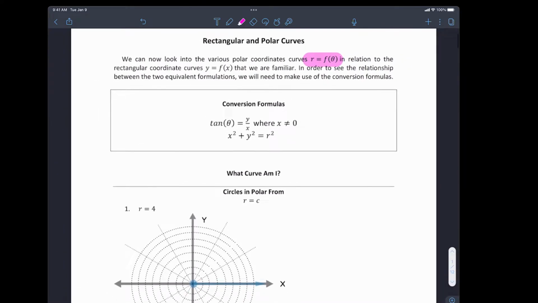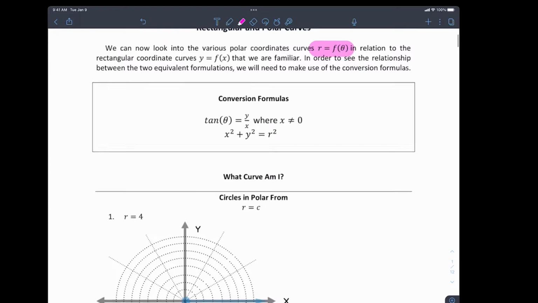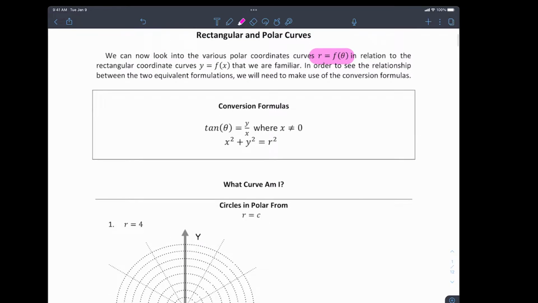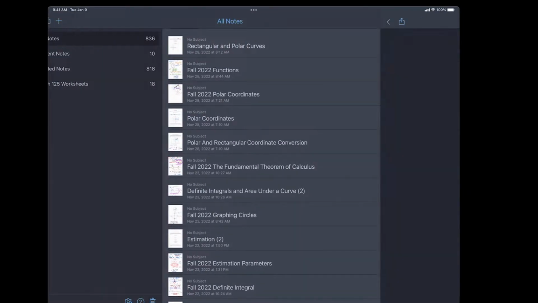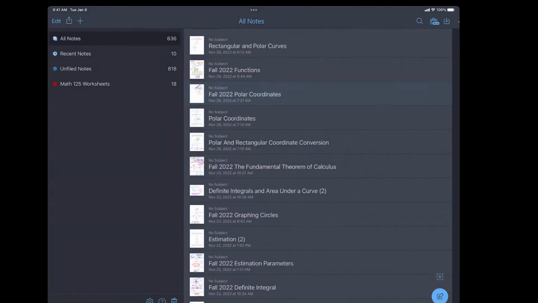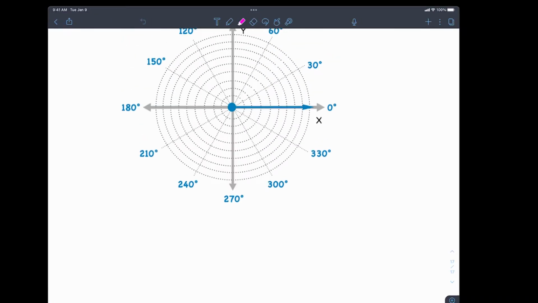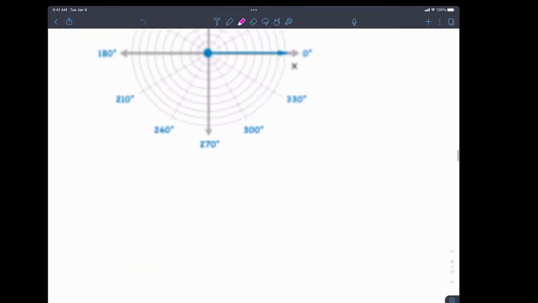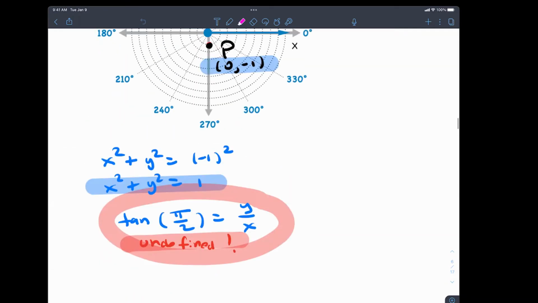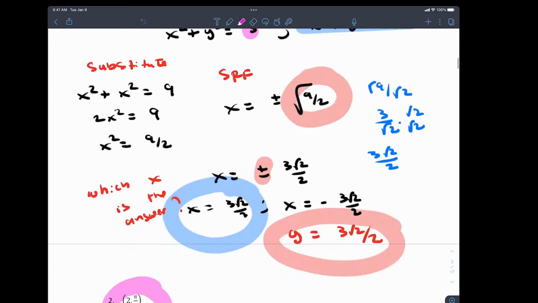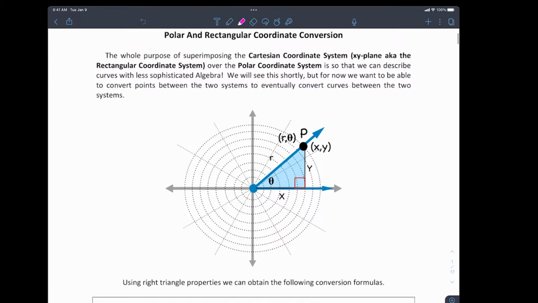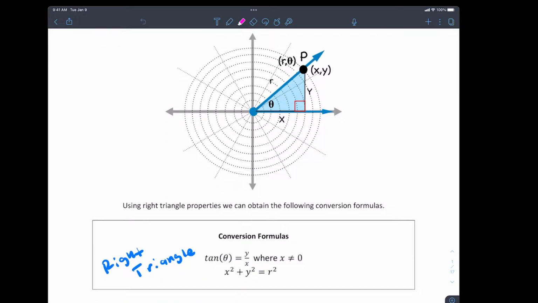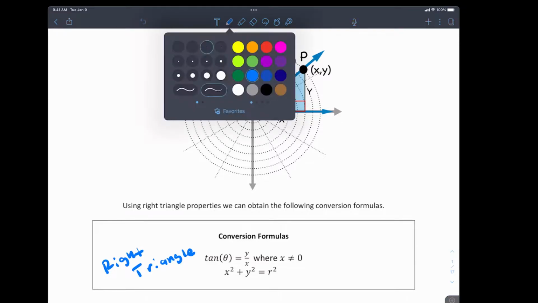But what I want to go back to you guys with is something also interesting. Let me find that original worksheet here. We have more information here.